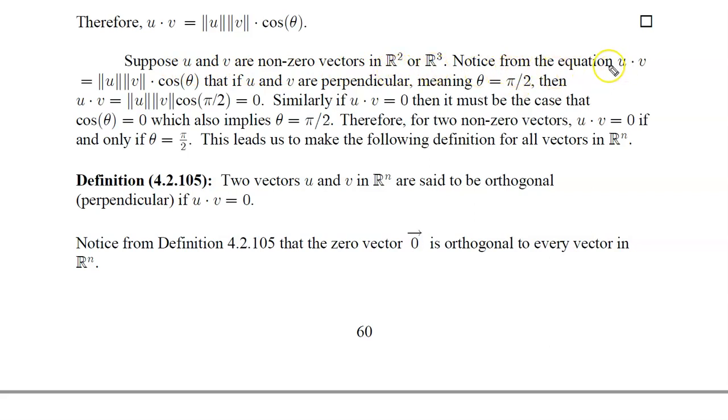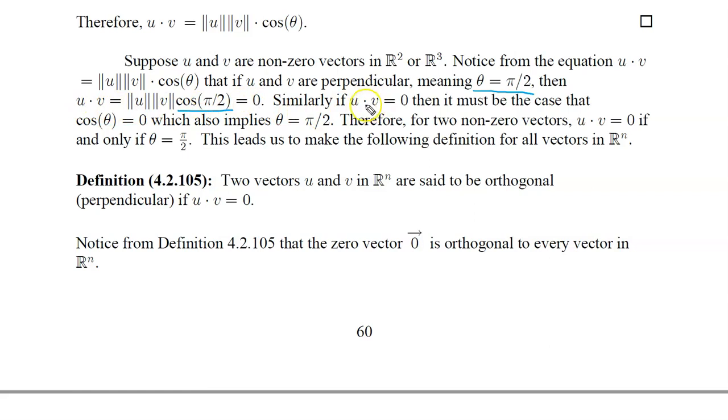Then notice from our equation, U dot V equals magnitude U, magnitude V times cosine of the angle between them, that if U and V are perpendicular to each other, meaning the angle between them is pi over 2, then we end up with U dot V equals magnitude U times magnitude V times cosine of pi over 2, or 90 degrees. Well, this term right here is 0. And so we end up with the fact that U dot V is 0.